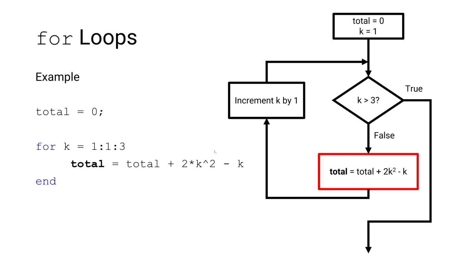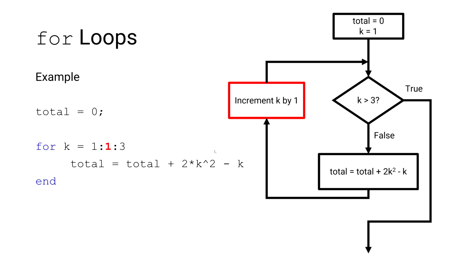So the new value of the total is assigned the value of the previous value of the total, which was 1, plus 2 times k squared minus k, where k is equal to 2. Now our new total has the value of 7.